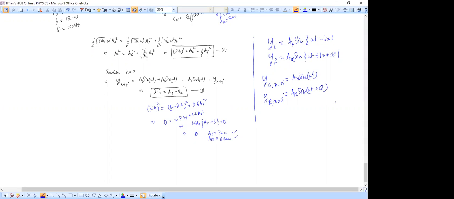Now, because it is a soft boundary, there should be no phase inversion. So therefore, your phi will become 0 over here, and your y net at x 0 minus will become the sum of the two.